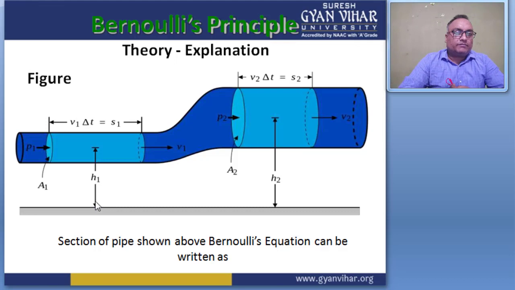So this H1 and H2 show the different height levels of the cross section of this pipe, and Bernoulli's equation can be written above. These are the datum levels.